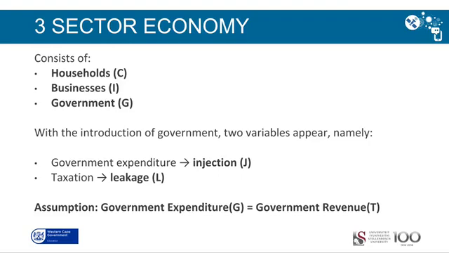Income tax and company tax are examples of direct tax, but we also have indirect taxes. Right, and we assume that your government expenditure is equal to your government revenue, represented by the letter T, and government expenditure, as you already know, is represented by the letter G.